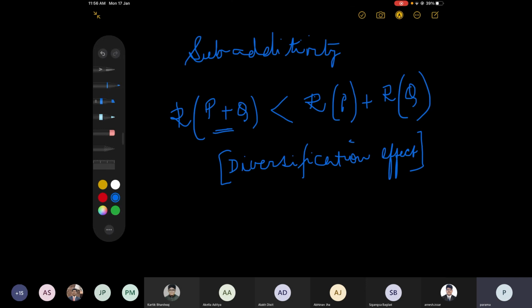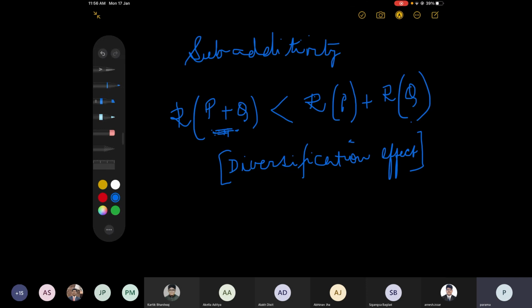Some risk will be negated across the assets, so the risk of holding a portfolio will be lesser than holding these assets individually. That is the property of sub-additivity.